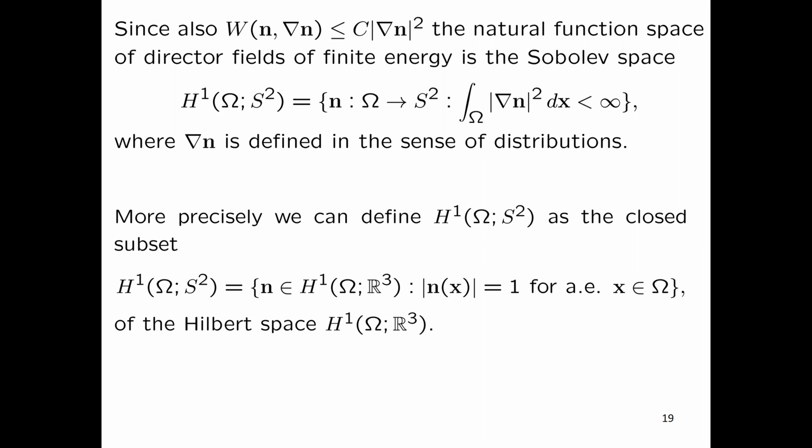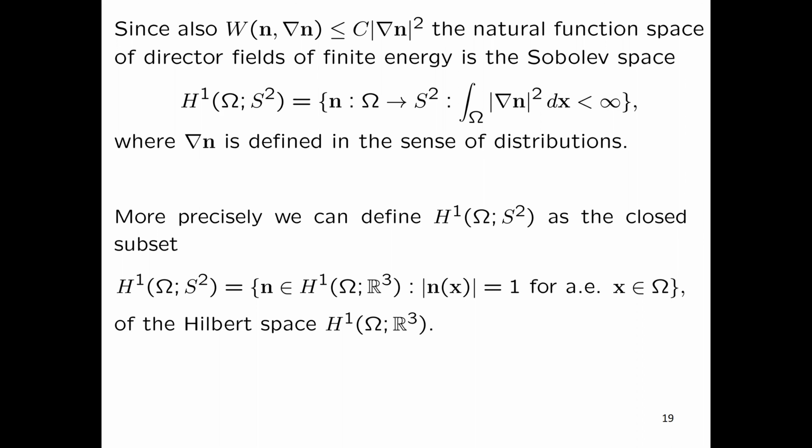Now, more precisely, this is not very clear maybe as it's written, you can define H1 of omega S2 as the closed subset of the Hilbert space H1 of omega with values in R3. So that's a standard Sobolev space H1 of omega with values in R3.